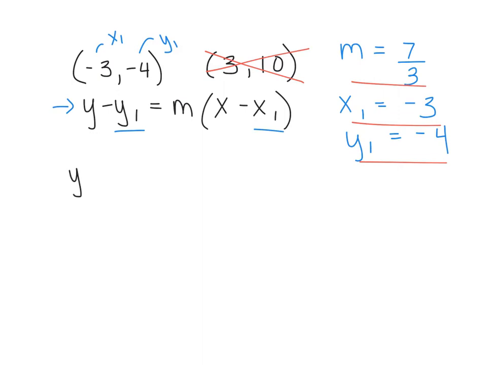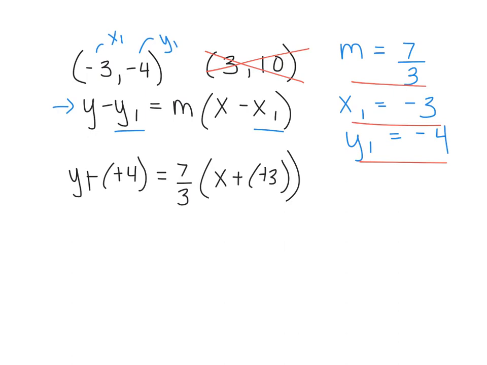So I have y minus a negative 4, and that equals 7/3 times x minus a negative 3. Again, I have double negatives, so I can change these to positive signs.